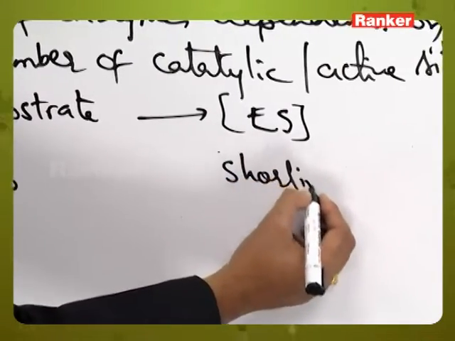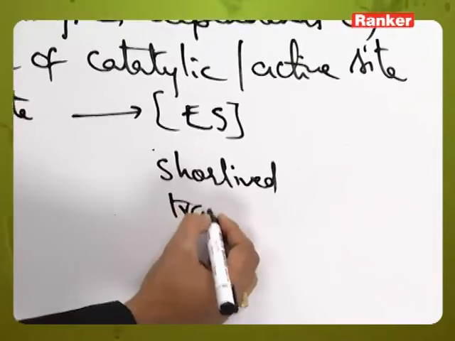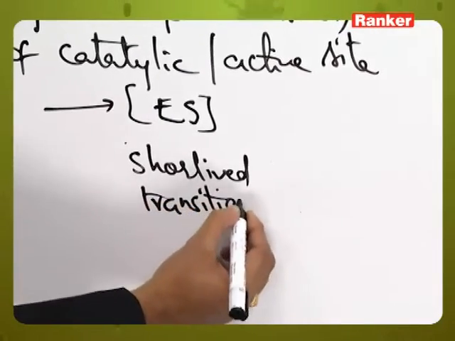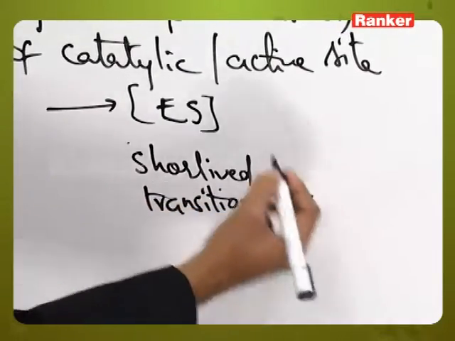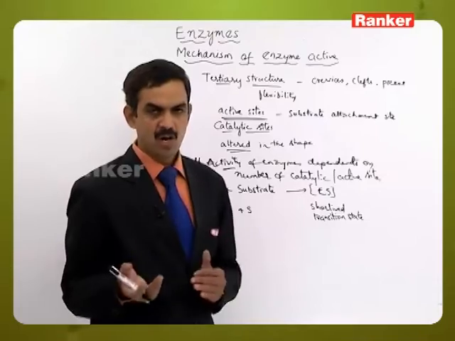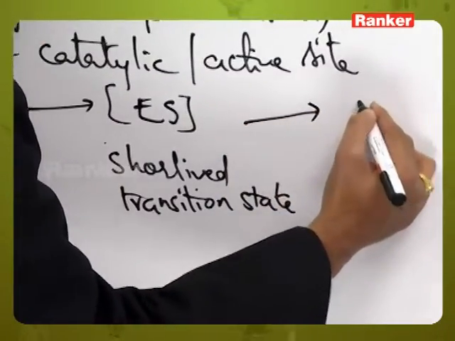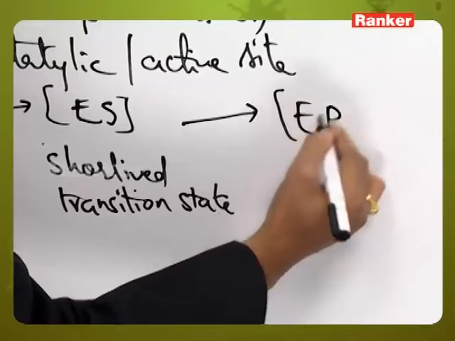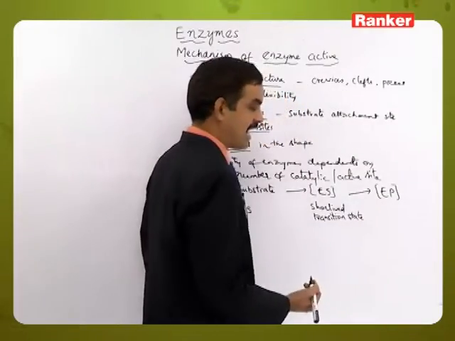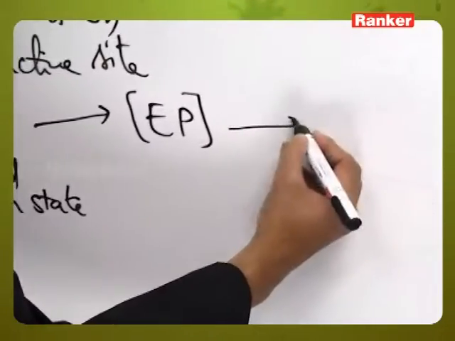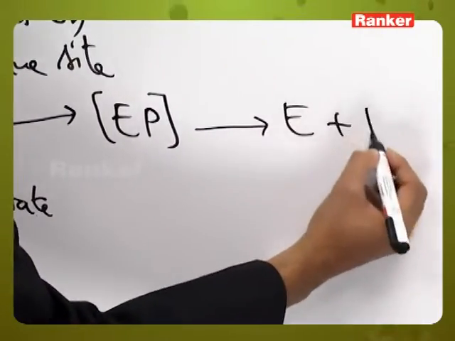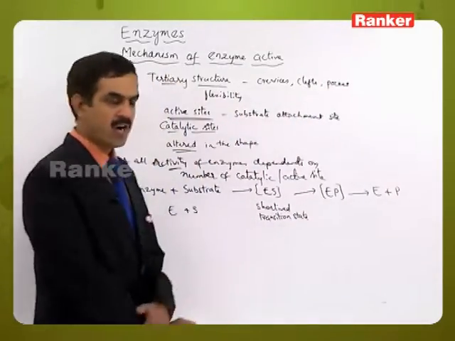This is a short-lived, transition state, where it will not be there for a longer period, but in the meantime it will be converted into one more transition state called the enzyme product, and after this the enzyme will be separated out, forming the product.